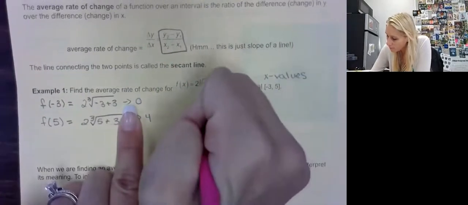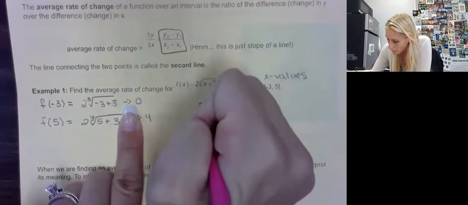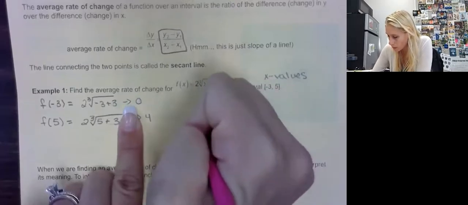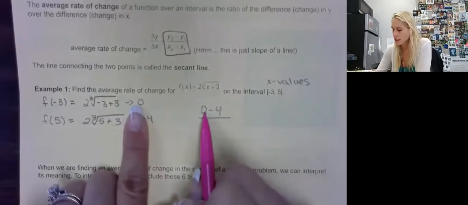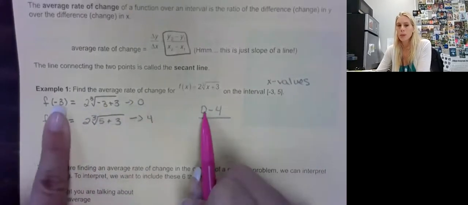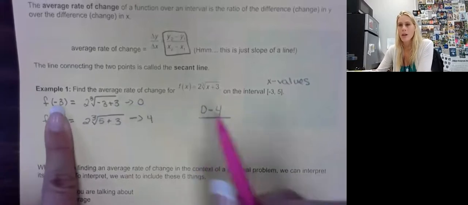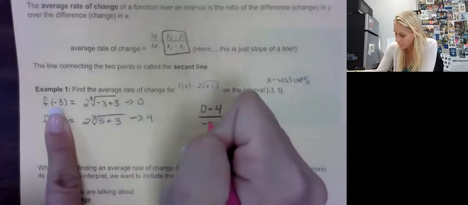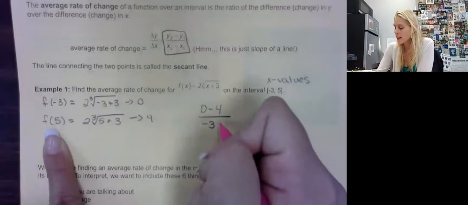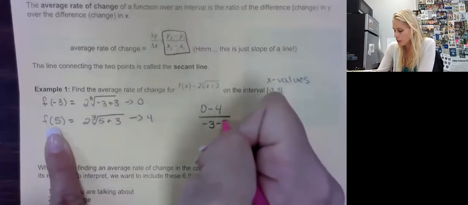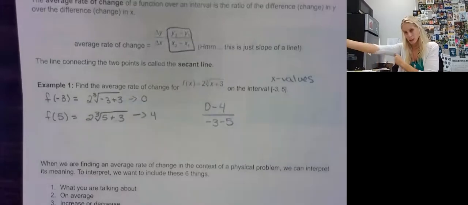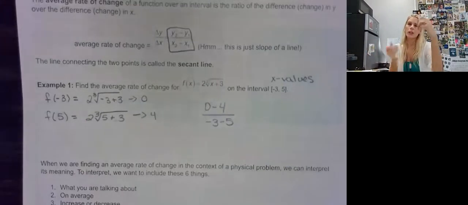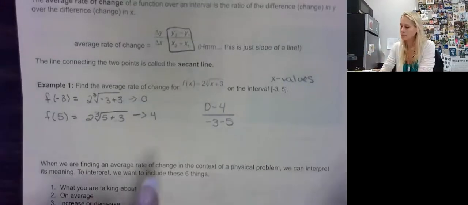If I said 0 minus 4, because those are my y's, all over, well, if I put 0 first here, I must put that x with that coordinate, which is -3. This is another mistake students make, is they will switch your x1, y1 stuff, and then your answer comes out to be the opposite.